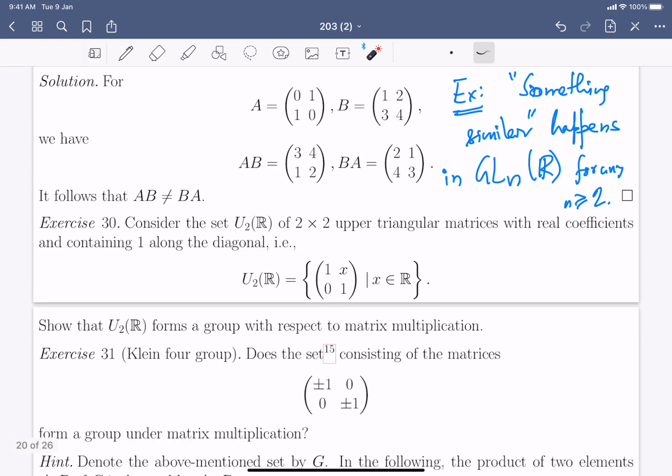So what I meant is that GLNR is non-abelian. So the exercise is to show that GLNR is non-abelian.